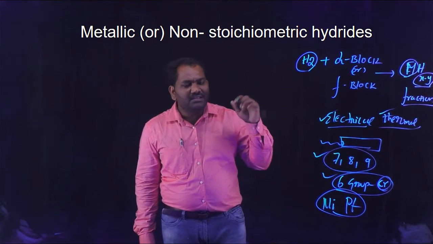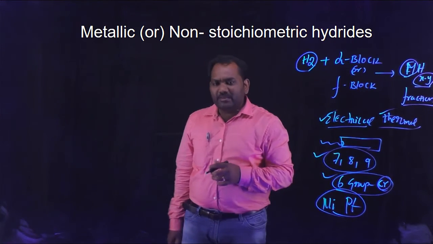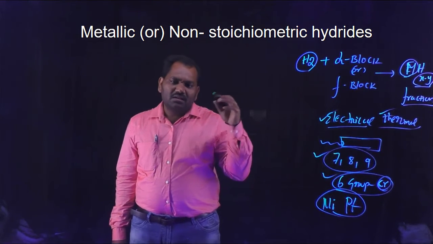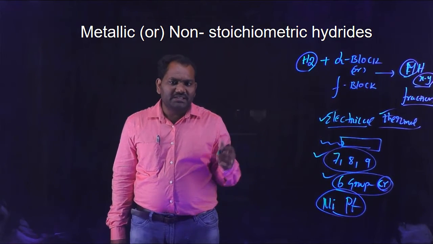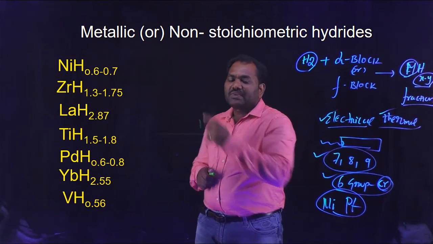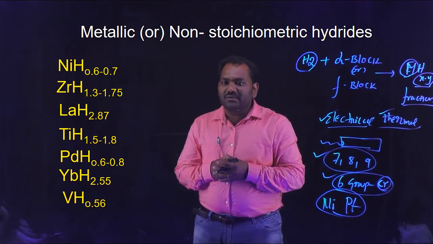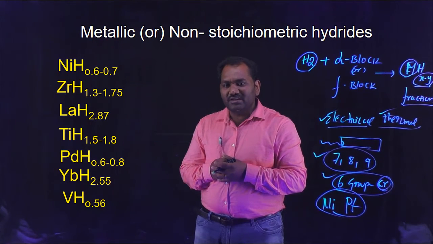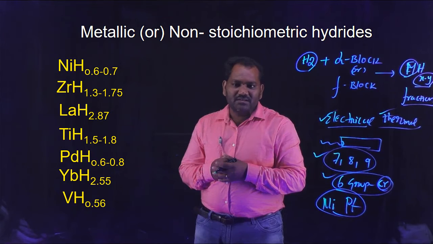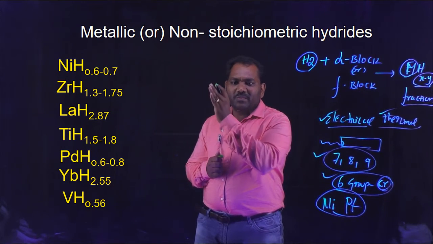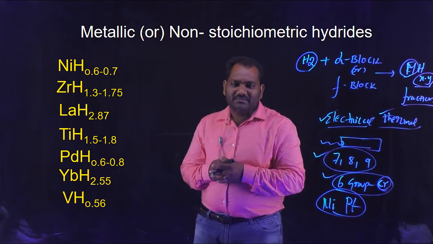Okay, and let me show some examples of these hydrides, like zirconium, hafnium. These are the best examples of metallic or non-stoichiometric hydrides. In nickel hydride, the hydrogen ratio is 0.6 to 0.7.